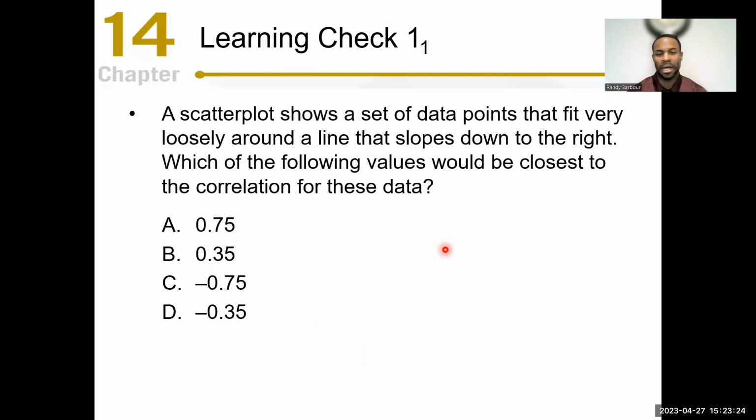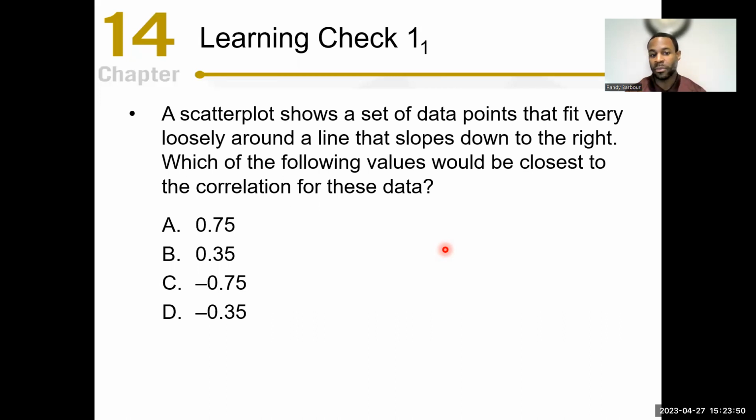All right, a learning check. It says a scatter plot shows a set of data points that fit very loosely around a line that slopes down and to the right. Which of the following values would be the closest to the correlation for these data? Loosely means the strength of the correlation is not that high.